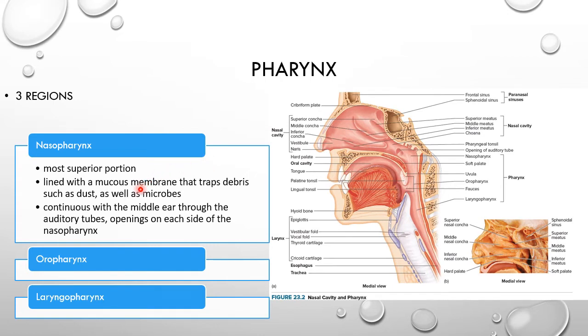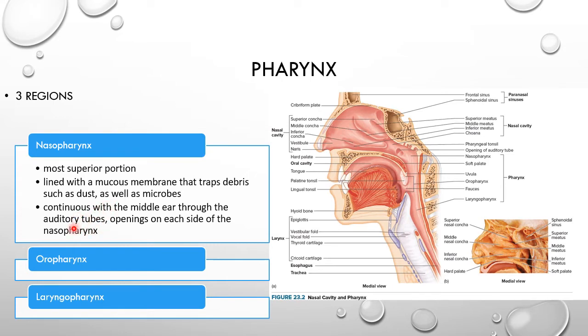It is lined with a mucous membrane that traps debris, such as dust and microbes or other pathogens. So ito na yung mucus production that I discussed earlier. And it is continuous with the middle ear through the auditory tube. Okay, so what is the significance?